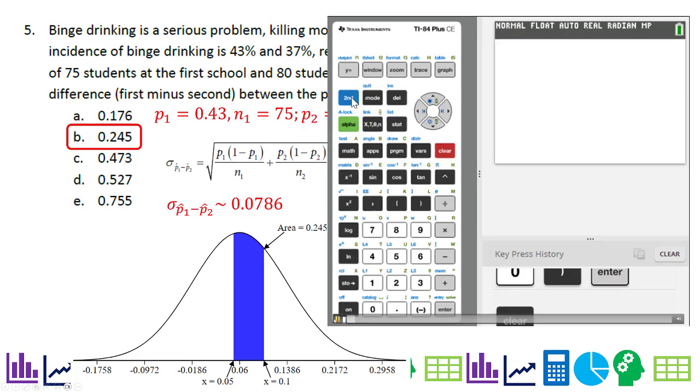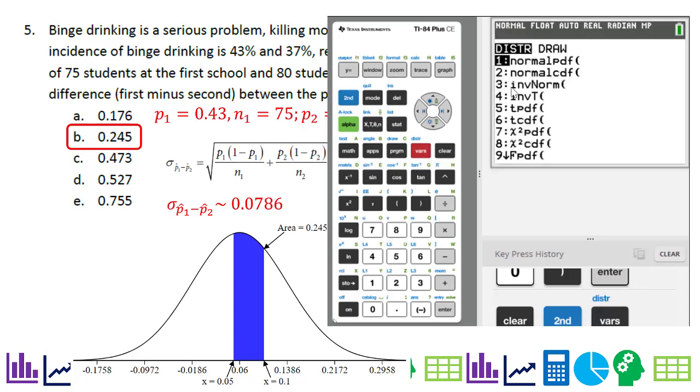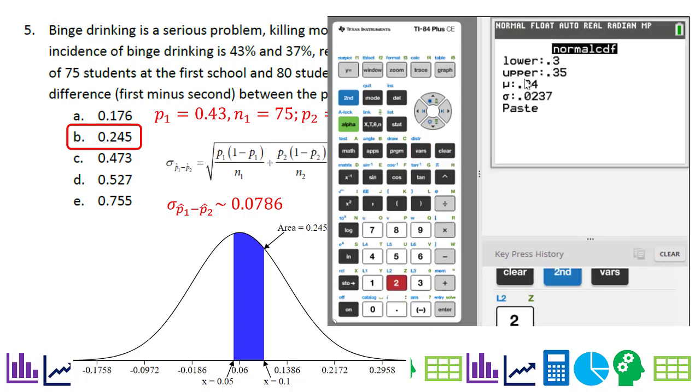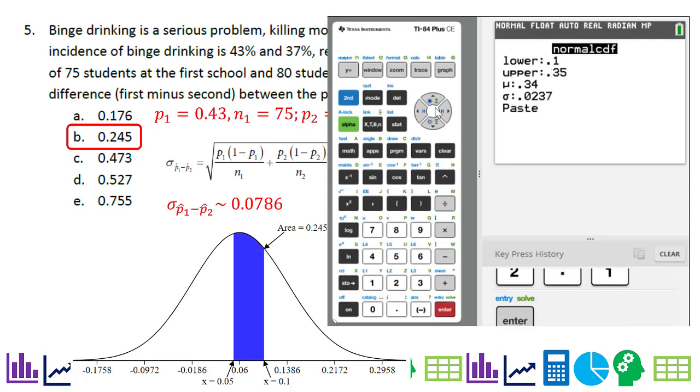So since we have a single standard deviation for the difference and a single mean for the differences, it's pretty much the same steps as before. We're trying to find area, so we're using number 2, the normal CDF. Our lower in this case is 0.05, and our upper is 0.1. Always. By the way, you might put these in the wrong order and it can give you a negative, so we'll do that.